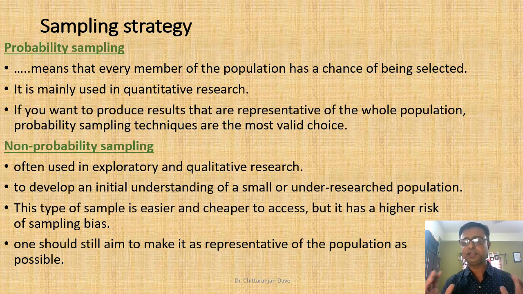So it gives you an idea of how the population behaves. Again, population means the group of objects or group of individuals, and it is giving the parameter. It's easier and cheaper, but since randomness is not ensured, there are chances of sampling bias. And although there are chances of bias, one can be careful to minimize them and take a representative portion of the population as much as possible.